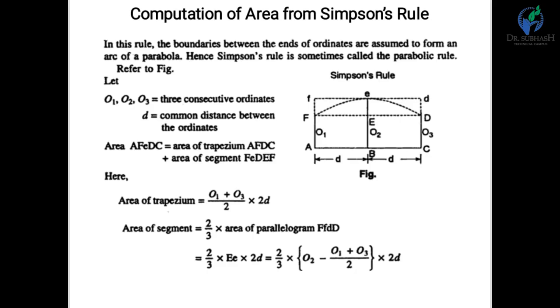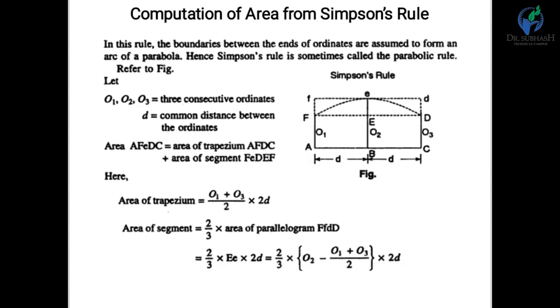D is the common distance and AFEDC is the area of our trapezium. Area of trapezium AFDC plus area of segment FEDEF. So the area of the trapezium is equal to O1 plus O3 by 2 into 2D. That is the common formula for finding the area of a trapezium.